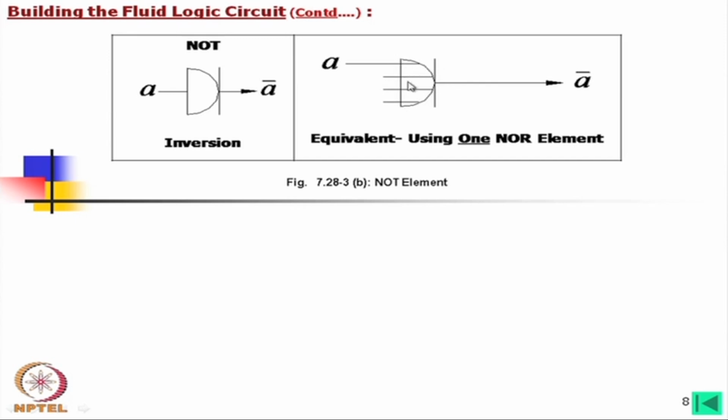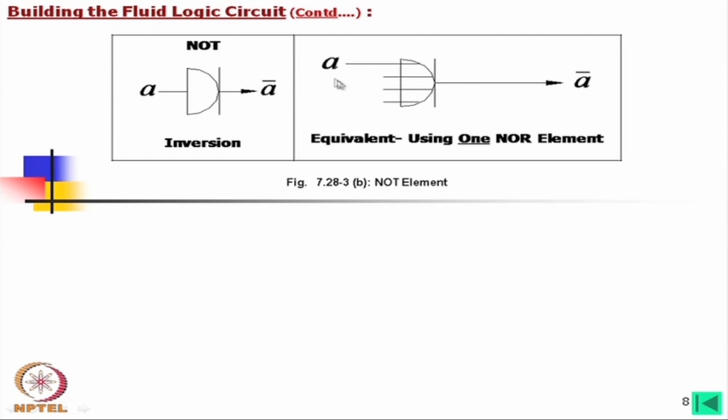This is a NOR gate in a sense, not OR. So, OR function must be there. So, there will be multiple inputs. Difference between this and this one is that this is a NOR device and this is only a NOT device. NOT device is having only one input and one output, inverse of that.